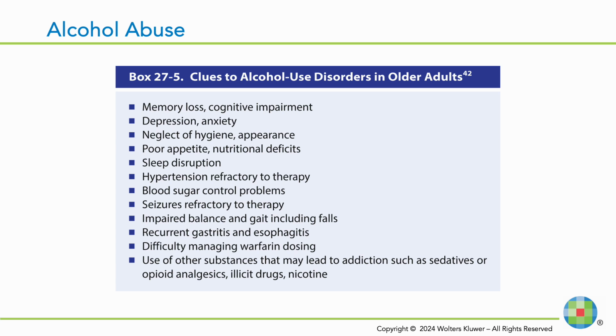difficulty maintaining an appropriate blood thinning regimen. Warfarin, for example, alcohol use can cause an inability to maintain adequate dosing. Use of other substances can lead to addiction, like sedatives, opioids, illicit drugs, nicotine.